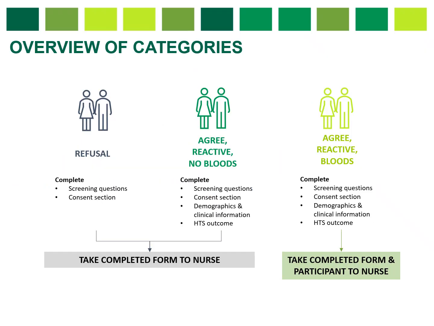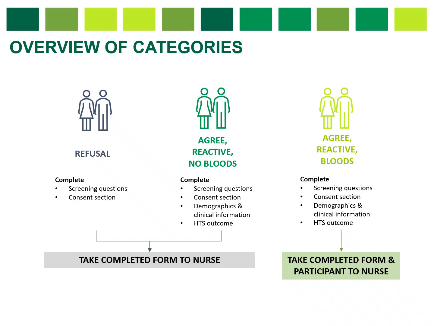So let's review where we are. We have 3 categories of participants. We have those who are refusals. That means they've completed section A, the screening questions, as well as section B, the consent questions. Those forms must go to the lab. The second category is that they have agreed to participate. They've had a reactive result, but for some reason will not be proceeding to bloods today.